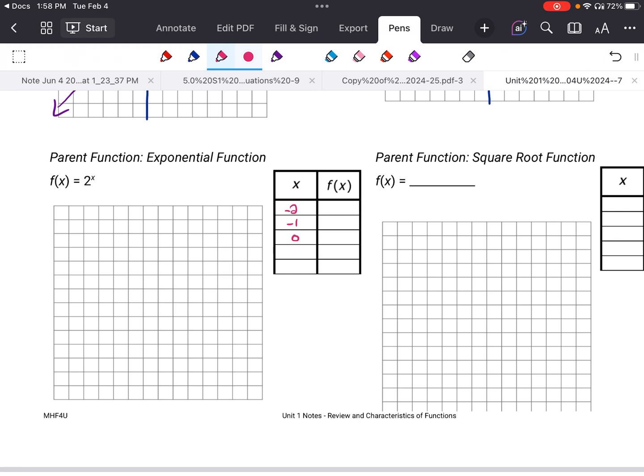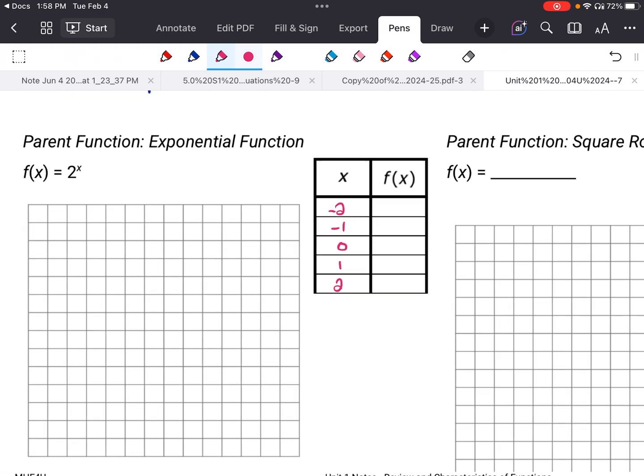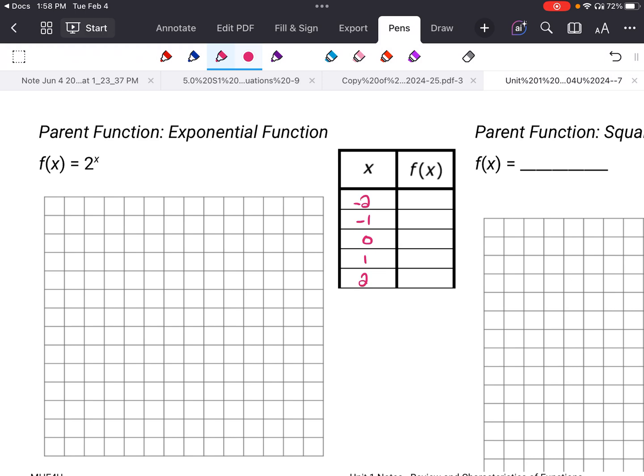Okay, we have exponential, where we're using a base 2. So 2 to the power -2, remember negative exponents flip it, so reciprocals, so this will be 1 over 4. 2 to the power -1 will be 1 over 2. Anything to the power 0 is 1, 2 to the power 1 is 2, 2 to the power 2 is 4.